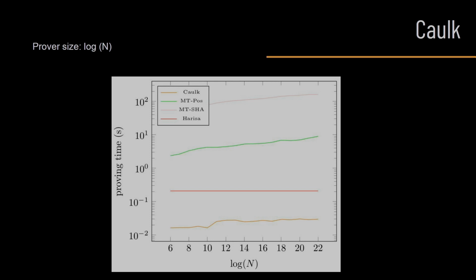And then with the green line on top, we have Merkle trees with Poseidon hashes. So even with Poseidon hashes, we are 100 times faster. And the pink line at the very top is Merkle trees constructed with SHA hashes. So for membership proofs, we did pretty well.